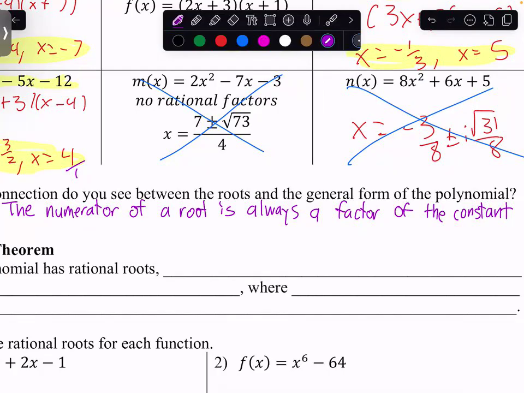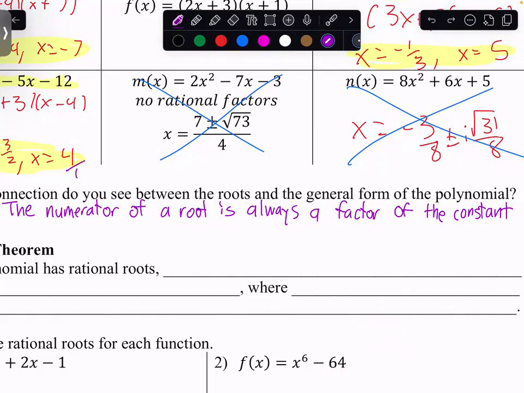So what that tells us is, for example, if we look down here for a second, in this problem that I'm circling, the constant is 64 or -64. So if we just pretend that I got an answer of 5 over 3, I instantly know I made a mistake because the numerator has to be a factor of the constant, but in this case it's not, right? 5 does not go into 64.